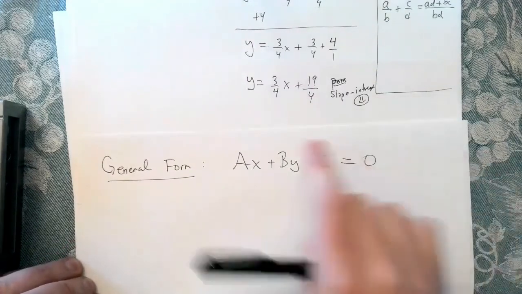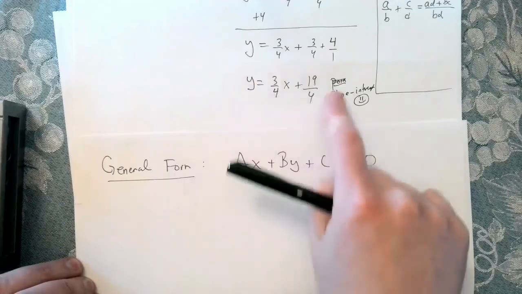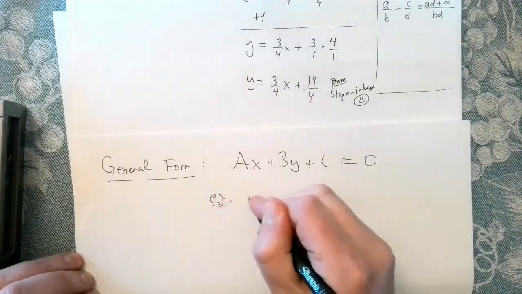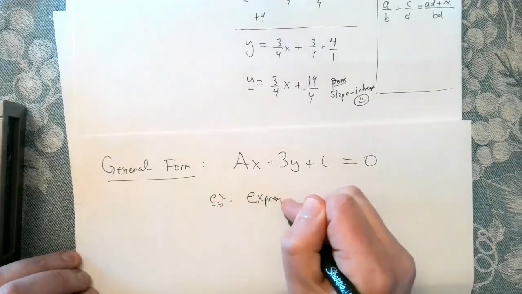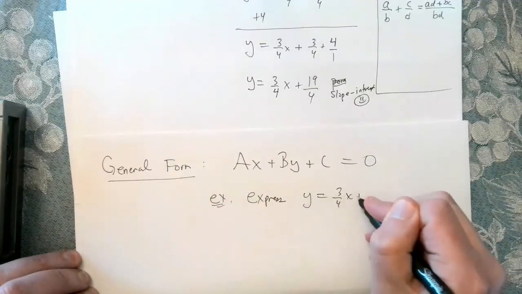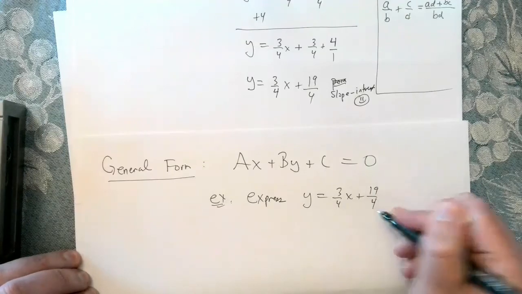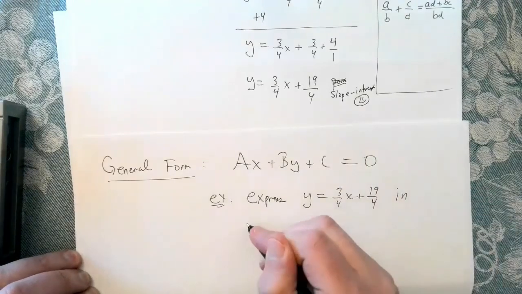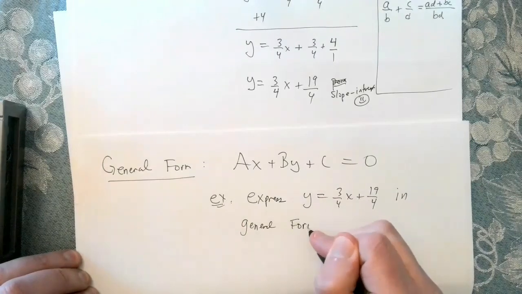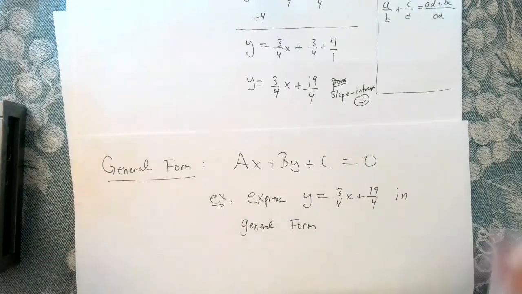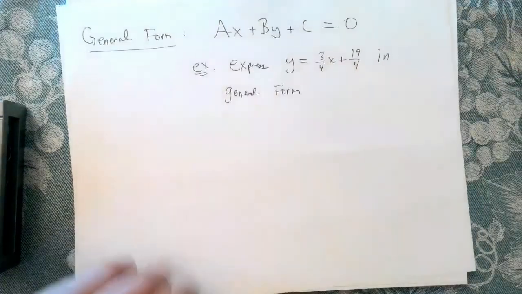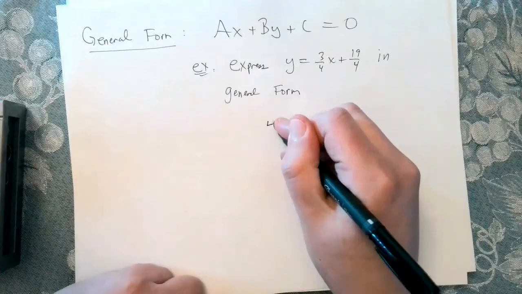And so let's actually take this and get this into general form. So I'll just say, maybe as an example, let's express y equals 3/4 x plus 19/4 in general form. So I think the first thing I'm going to do is get rid of the fraction.